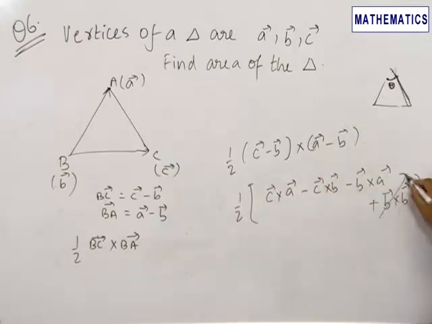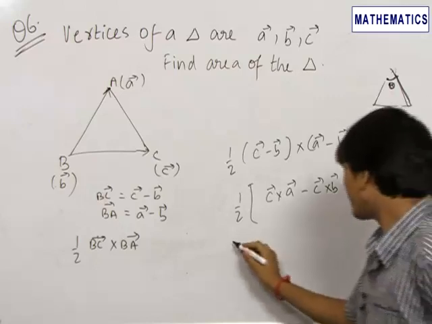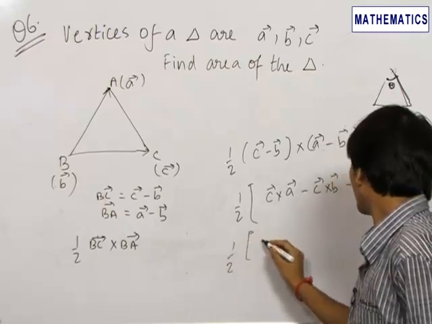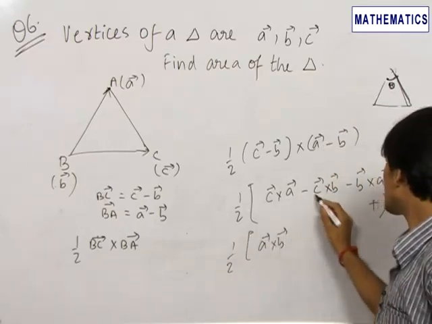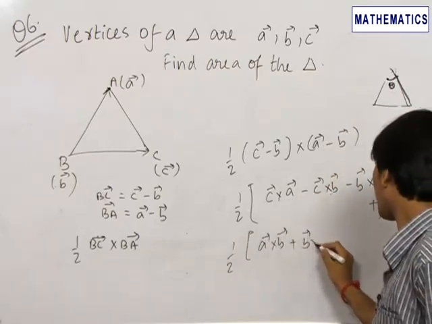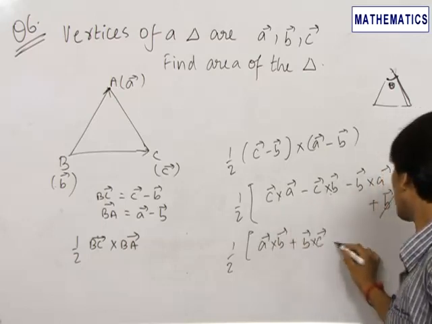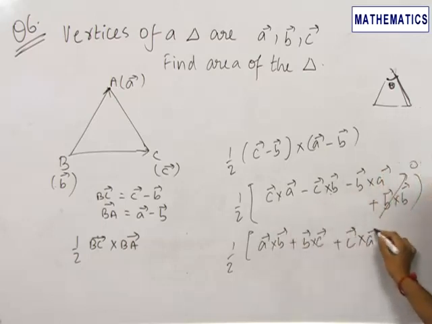Now B vector cross B vector is 0. Therefore we get this to be equal to half of, this becomes A vector cross B vector, this becomes equal to B vector cross C vector, and this becomes C vector cross A vector.